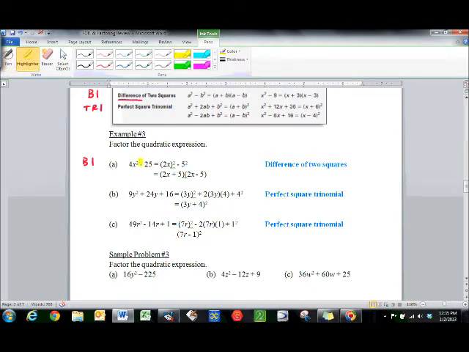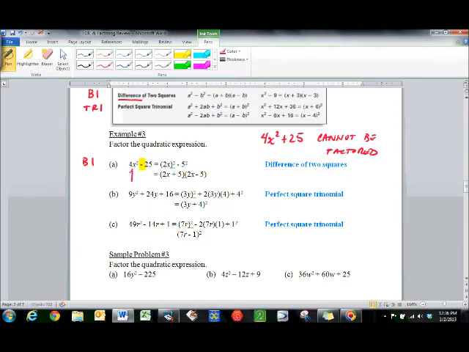So keep in mind, this only works with a subtraction of two perfect squares. If there were addition in here, you cannot factor it. So if we had 4x squared plus 25, this cannot be factored, and we will discuss that in class in a little more detail as we go through this section. A difference of two squares has to have two perfect squares.